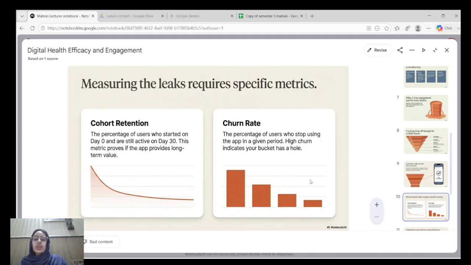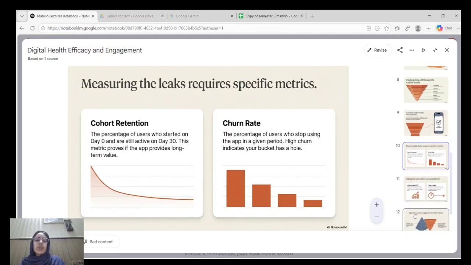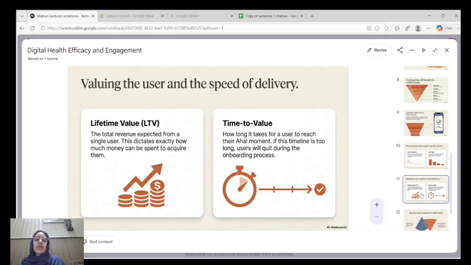The churn rate, this is the opposite. It is the percentage of users who stop using the app in a given period. High churn indicates your bucket is leaking, and if your day 1 churn is 80%, your onboarding process is broken.